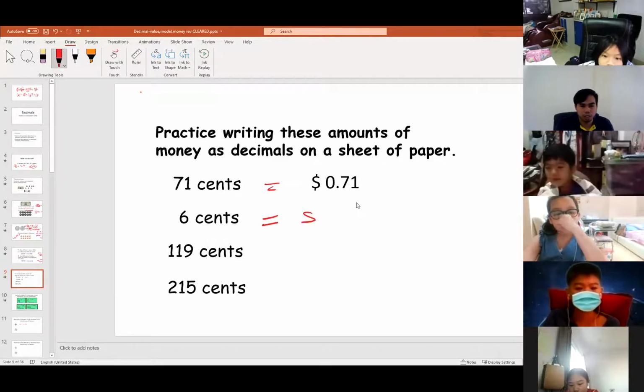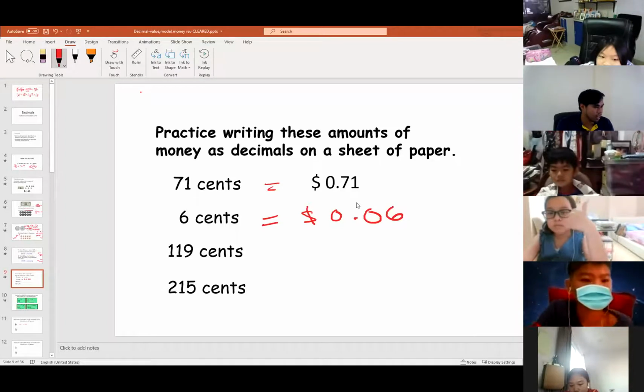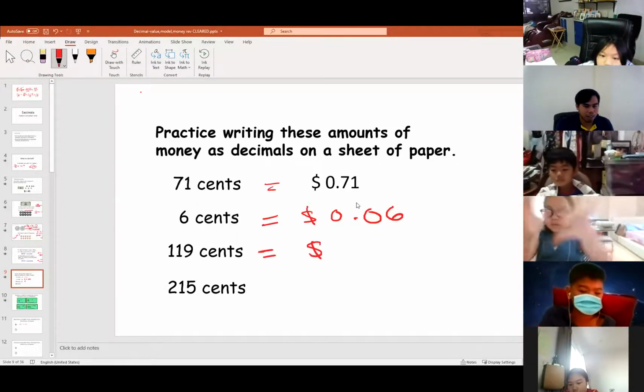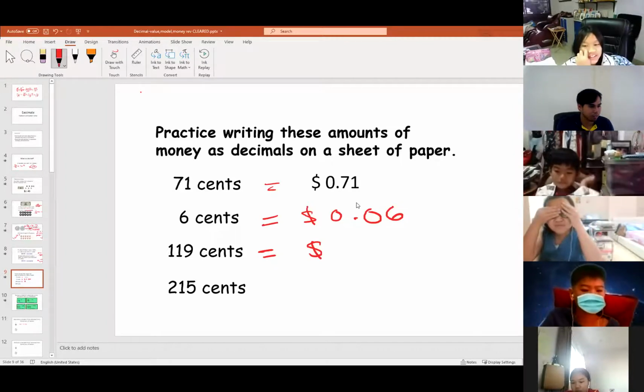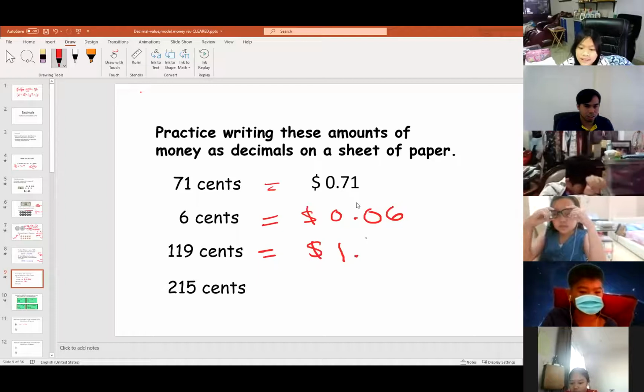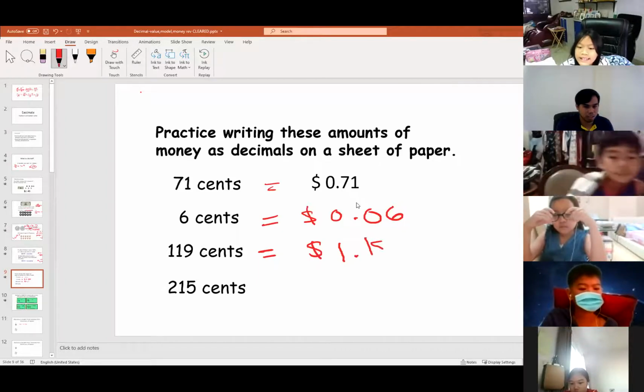How do you write it? 0.06. Do you agree with that, students? Yes. Okay. How about $1.19? $1.19.